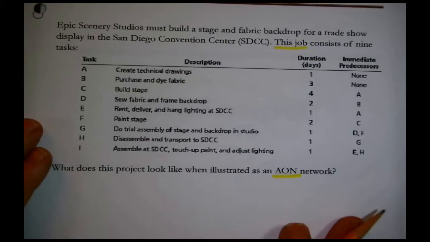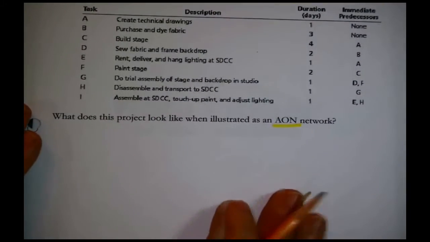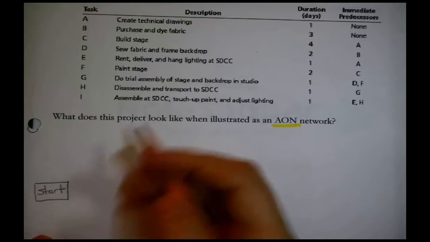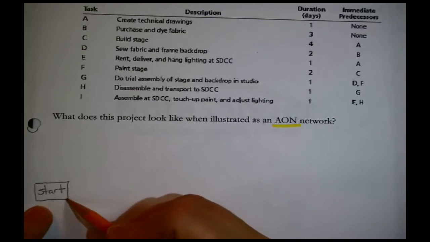Remember, this is an illustration of a project. All projects have a start. Or another way to say this is, I have drawn the starting node. This is simply a symbol that represents we started. Now what's next?